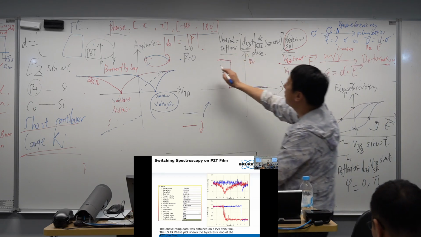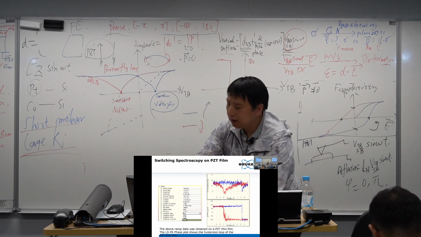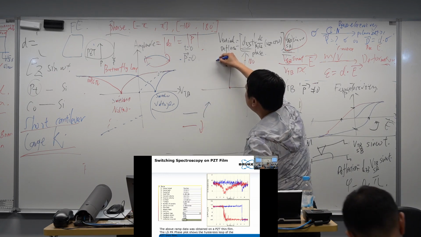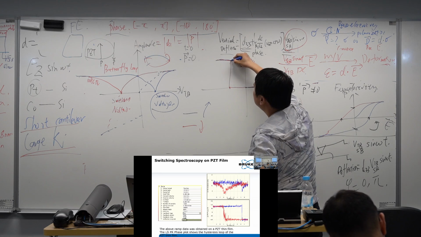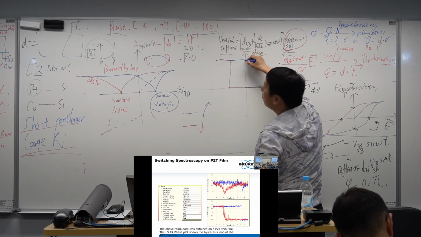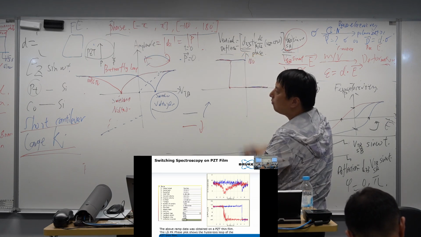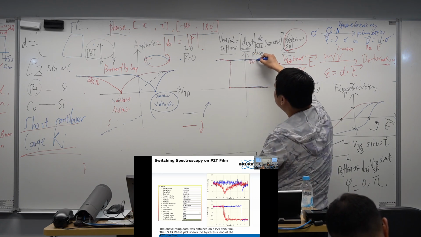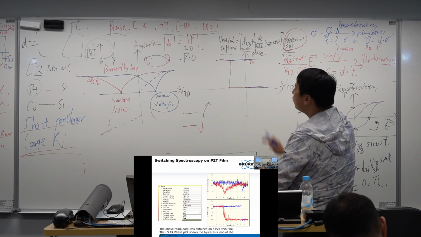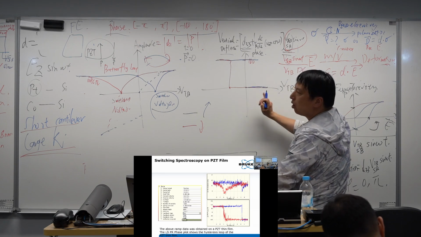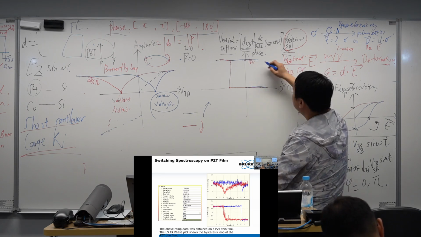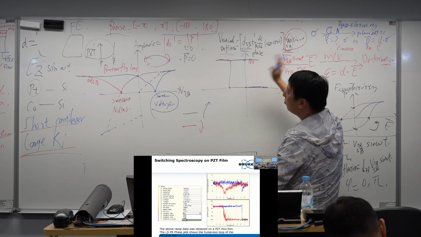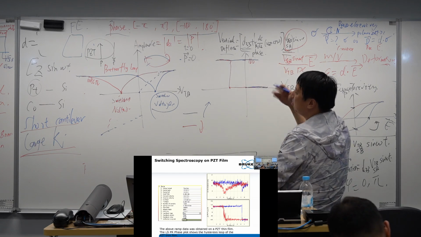Okay, 100% polarization. After that, I increase my voltage. And in the negative voltage, it should always be facing-down dominated. And then I keep going. Once I reach the positive coercivity, the phase will be something like 0 or random.